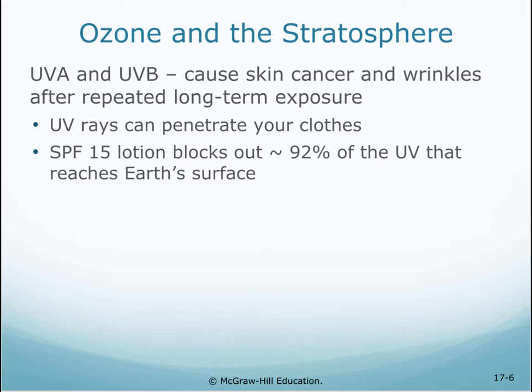UVA and UVB cause skin cancer and wrinkles after repeated long-term exposure. UV rays can penetrate your clothing. An SPF 15 lotion blocks out about 92% of the UV that reaches Earth's surface.